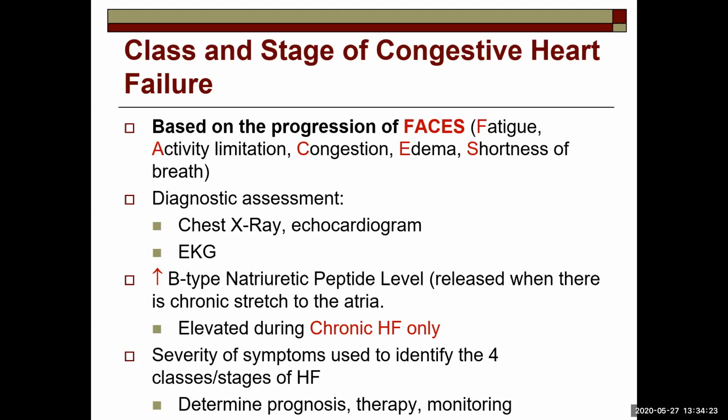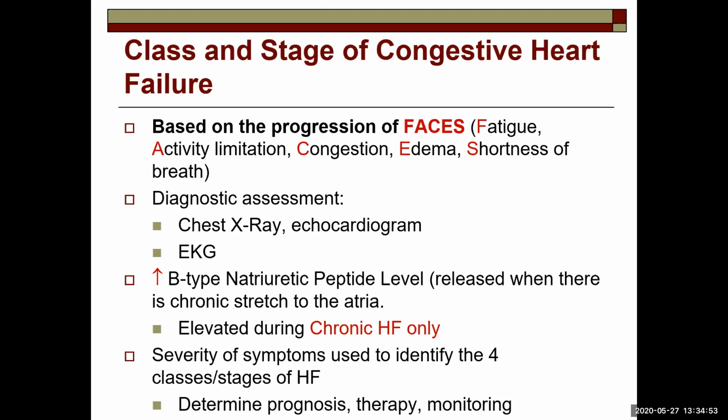so what else do we look at? We look at the increase in the B-type natriuretic peptide. Okay, natriuretic peptide is a peptide that is released by the atria, to see the ability of the atria to contract or not, and it has to do with the sodium level in the blood.